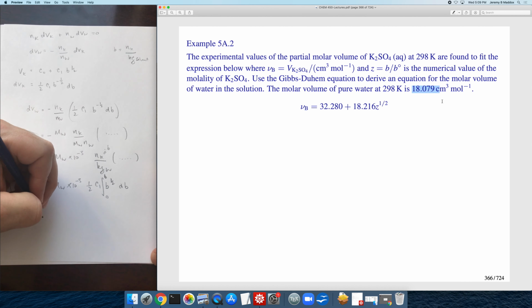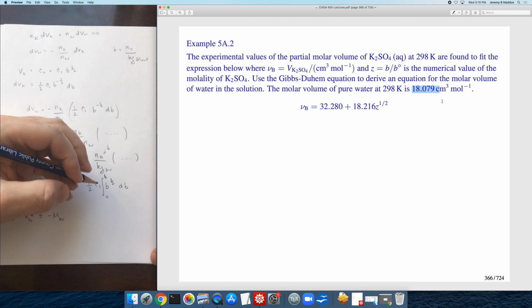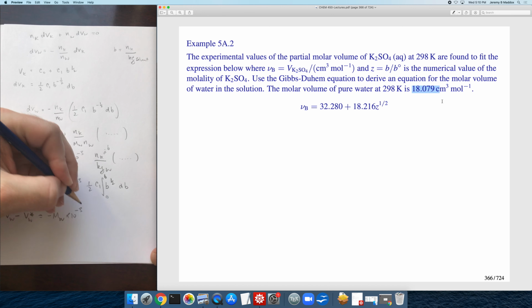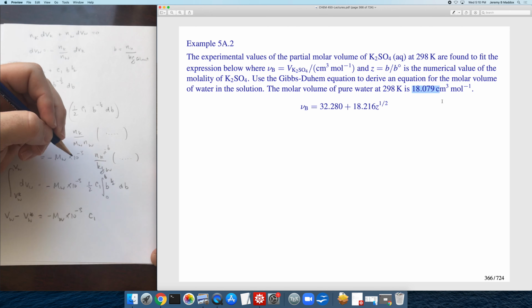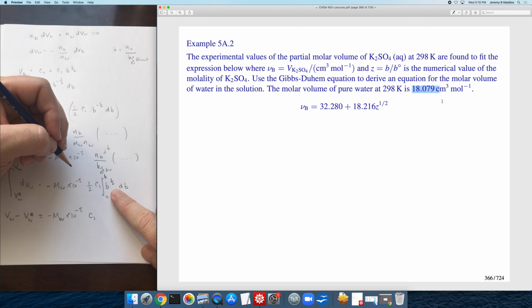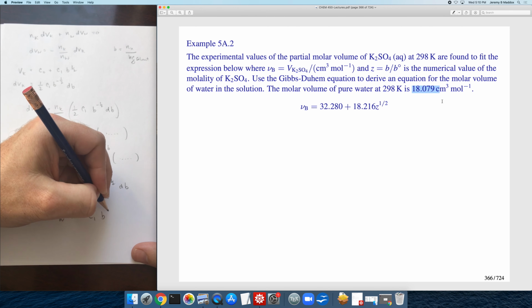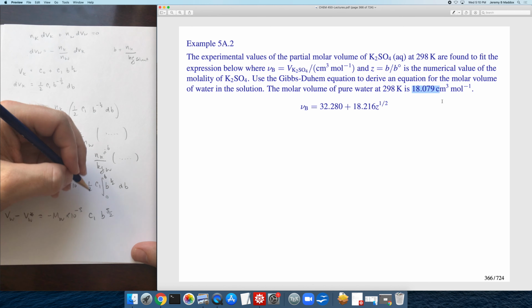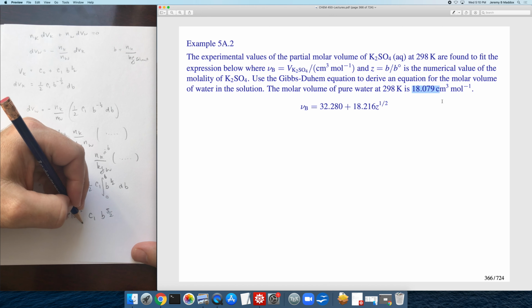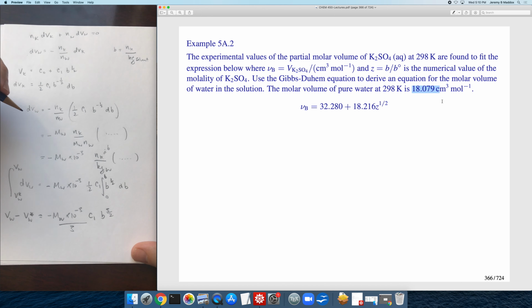We have these coefficients out in front. This is the molar mass of water, times 10 to the minus 3. We've got the number C1, and then when we do this integral, it's going to give us B to the 3/2 times 2/3. And so the 2 is going to cancel, and we're going to wind up with a 3 in the denominator.